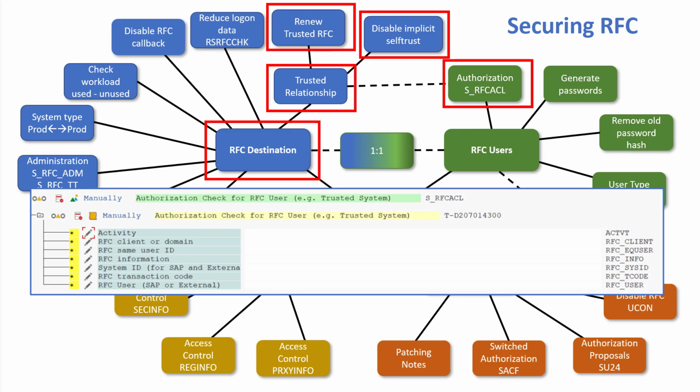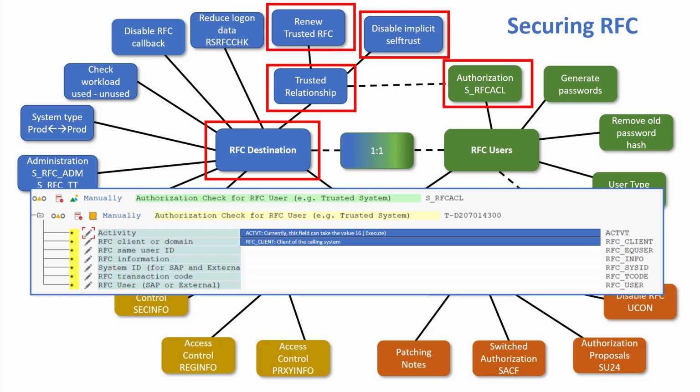Activity, currently this field can accept the value 16, which is execute. RFC client, that would be the client number of the calling system. RFC same user ID, this is a flag, it's either yes or no, that indicates whether the user being called has to have the same ID in both systems.